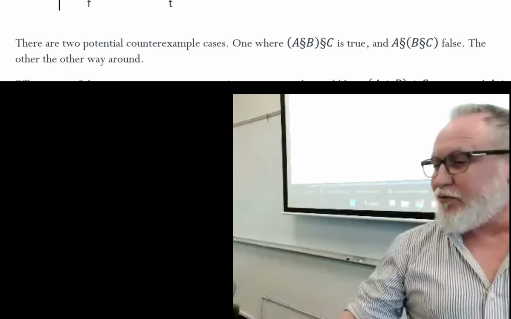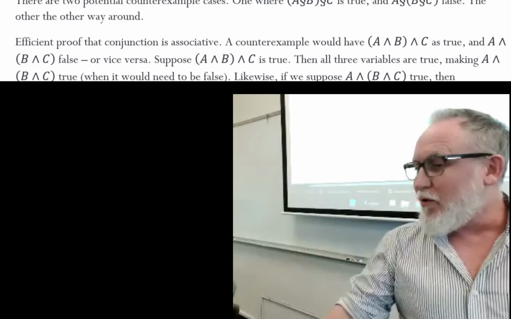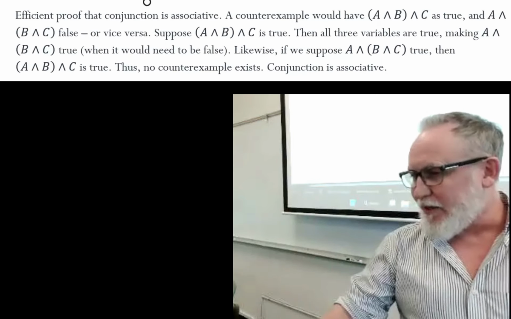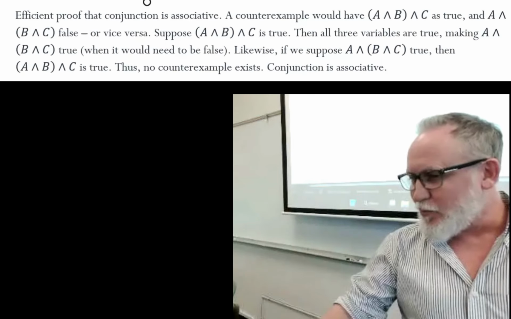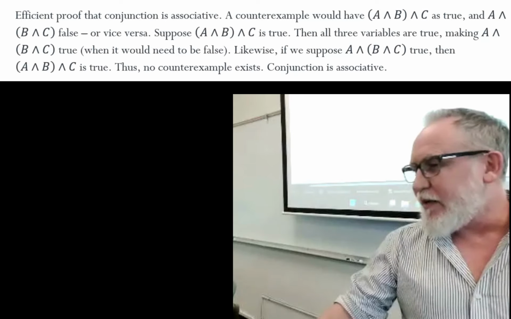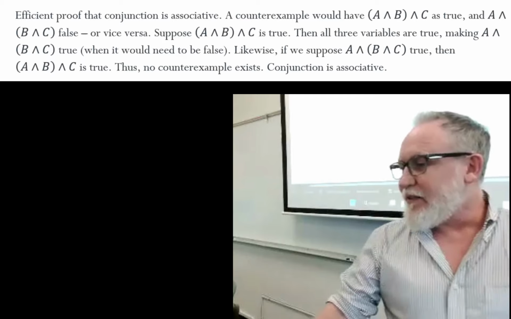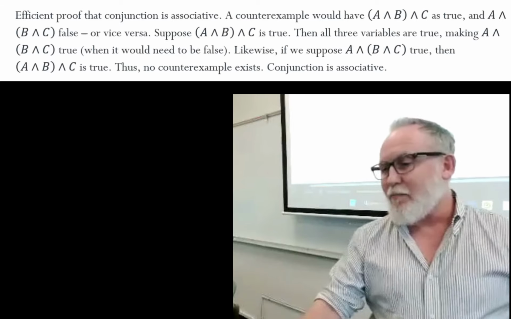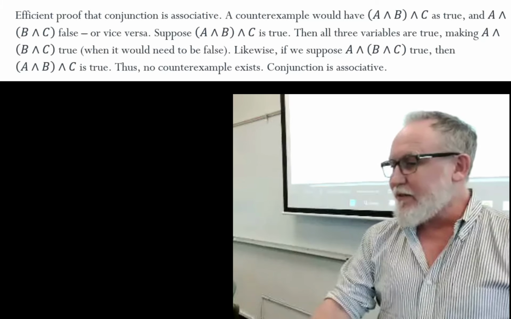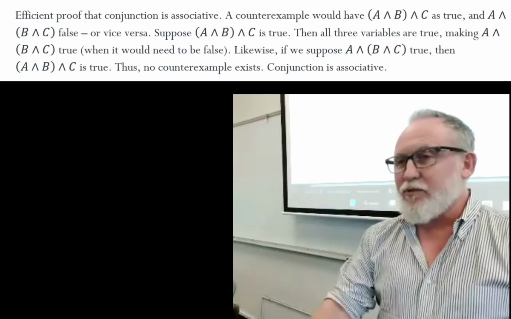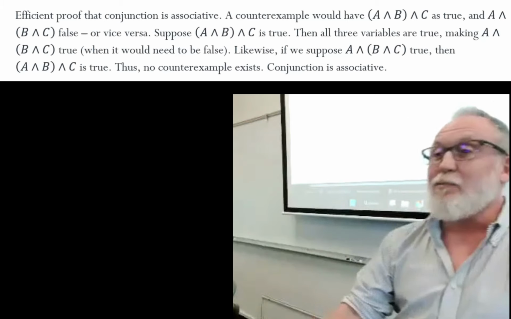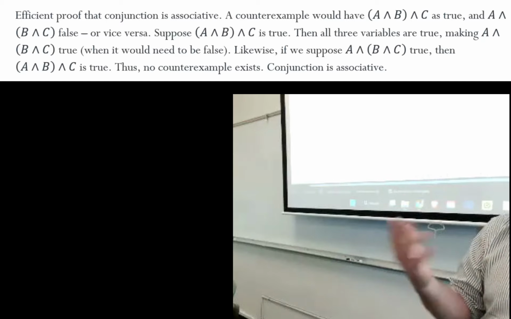So the efficient proof for conjunction is associative. I've already done it up above, but I think this is worded a little differently. So let's read through it. A counterexample would have both A and B and C as true and A and both B and C false, or vice versa. Suppose that both A and B and C is true, then all three variables are true, making A and both B and C true, when it would need to be false if we're going to have a counterexample.